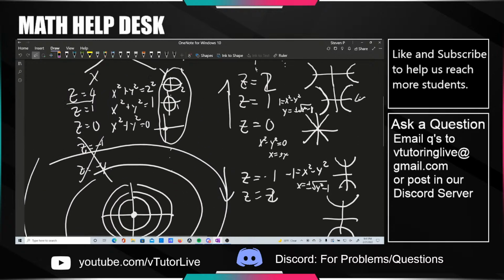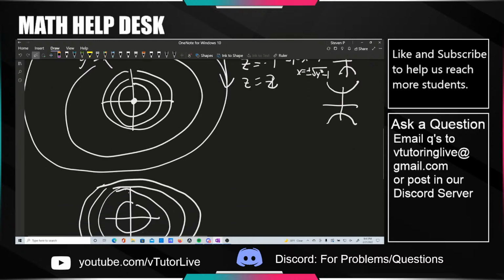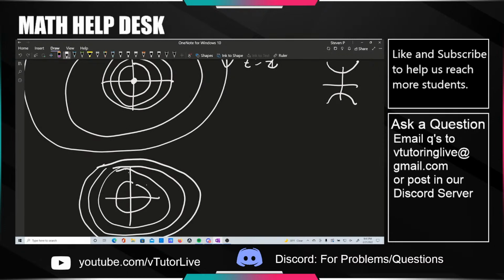But you should convince yourself, sorry. You should remind yourself that each of these contour lines is a level curve for z, like this is z equal to 1, and z equal to 2, and z equal to 3, z equal to 4.